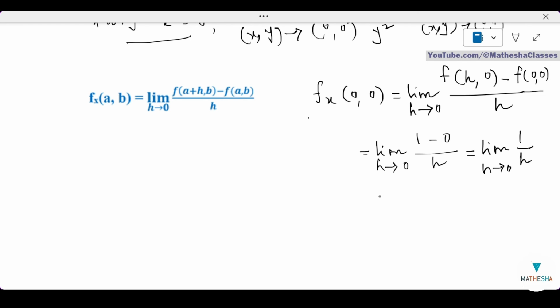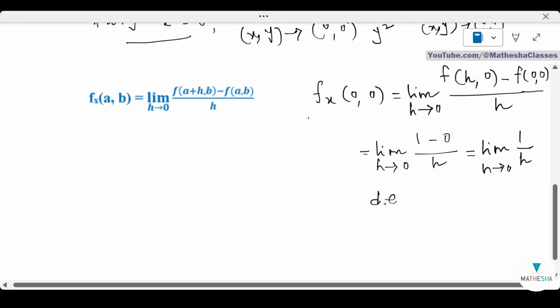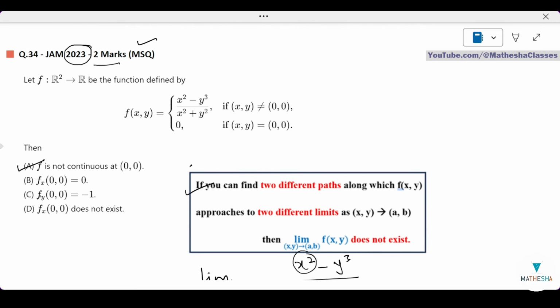It does not exist at all. ये limit exist नहीं करता है, does not exist. So this is not true, and definitely D is true.